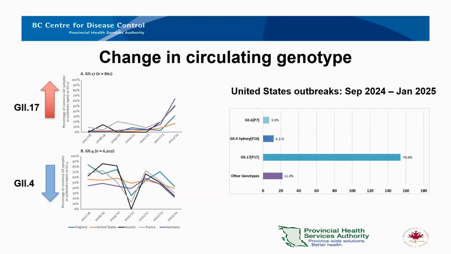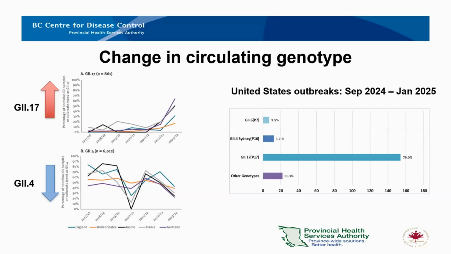I'm going to show you a little bit about the genotypes, and then we'll show you some BC specific data as well. And Natalie will go over what the different genotypes are. On the left side of the slide, you're seeing the different genotypes over the years for the United States, as well as a number of European countries.